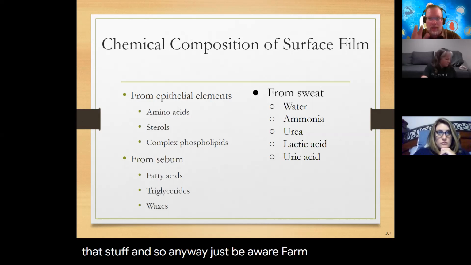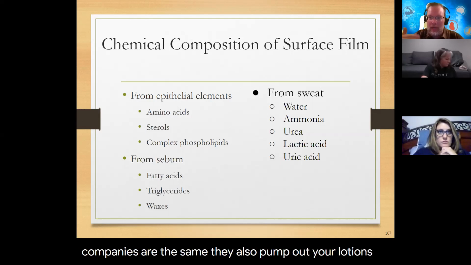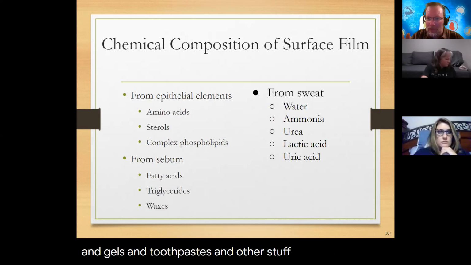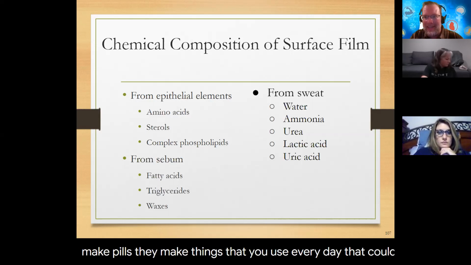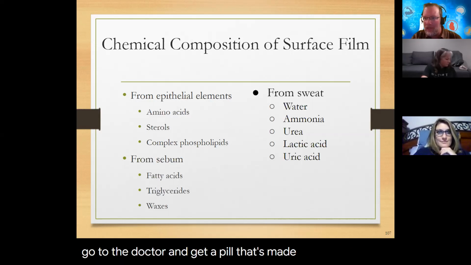Pharmaceutical companies are the same. They also pump out your lotions and gels and toothpastes and other stuff. They don't just make pills. They make things that you use every day that could, in excess, lead you to getting sick, and then you've got to go to the doctor and get a pill that's made by the same company that made the thing that got you sick to begin with.